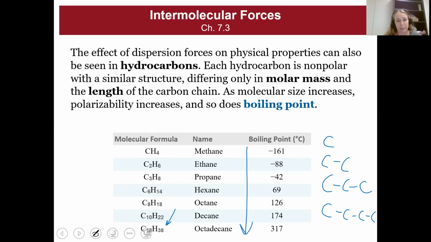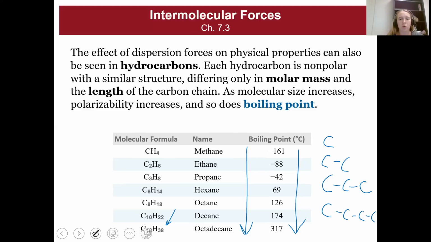So now we can really see the molecular size. The molecular size, or the length of the carbon chain, is increasing, and so is the molar mass. But now we can see the size a little bit better than we did before. As that increases as we go down the table, so does our boiling point.